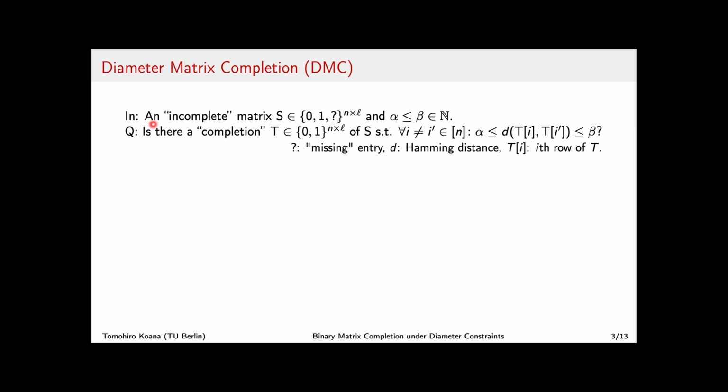And the question is: is there a completion of S, or can we replace every question mark of S by 0 or 1, such that in the resulting matrix, every pairwise distance between rows lies between alpha and beta?